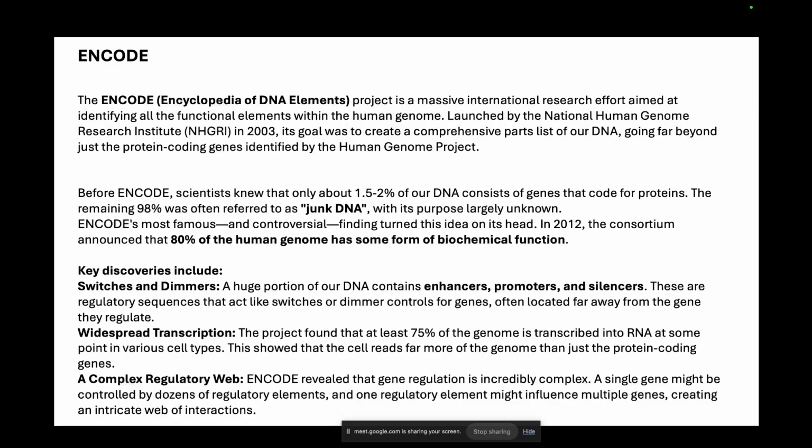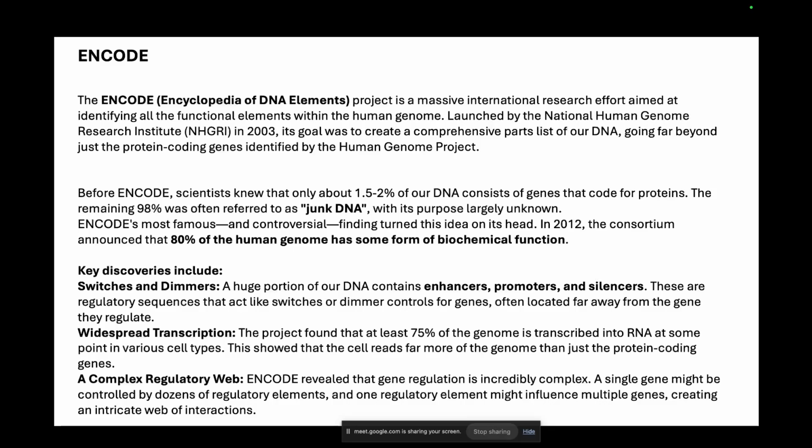The presence of an enhancer will enhance the expression of the gene. The promoter is the place where RNA transcription starts, and there are silencers which reduce the expression of the gene. All these elements are present in non-coding regions of the genome, previously thought to be junk DNA.